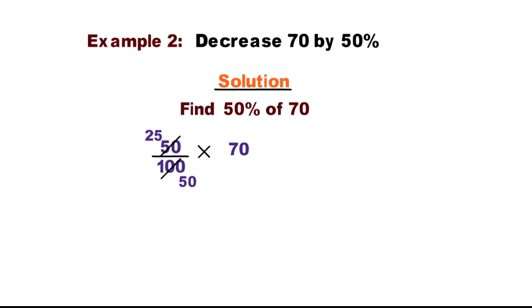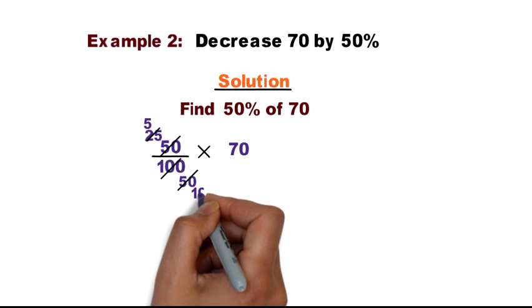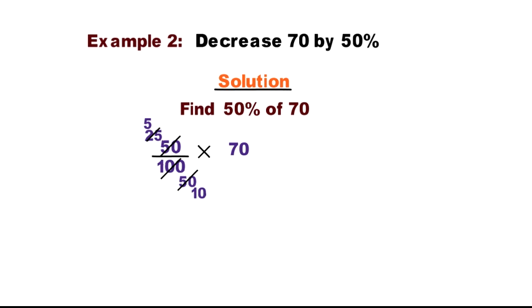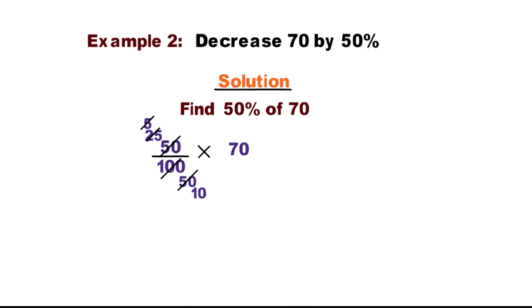So, 5 divides 25 gives us 5. And 5 divides 50 gives us 10. Next, 5 can still divide. So, 5 will cancel out 5. And 5 divides 10 gives us 2.